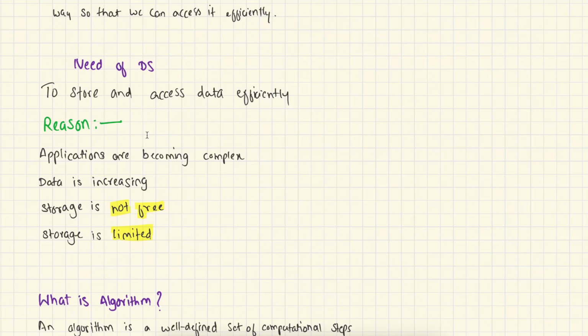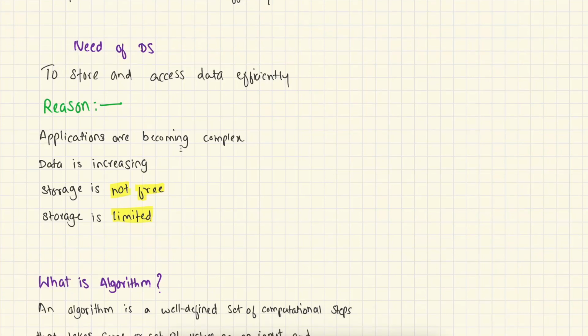So many people are using Google Drive and they are continuously uploading data and data is increasing day by day. But if you see it carefully, our storage is not free and we do not have unlimited storage also. What we want to achieve is we want to efficiently store all this data in our storage devices so that we can take full advantage of that hardware and we do not want to waste our resources. So this is all about data structures.